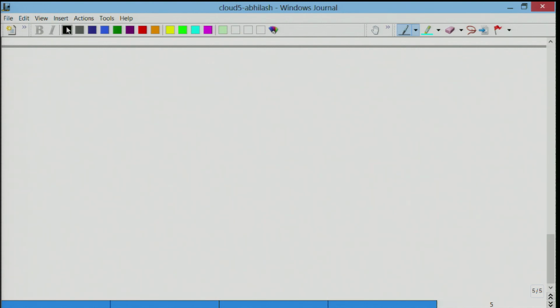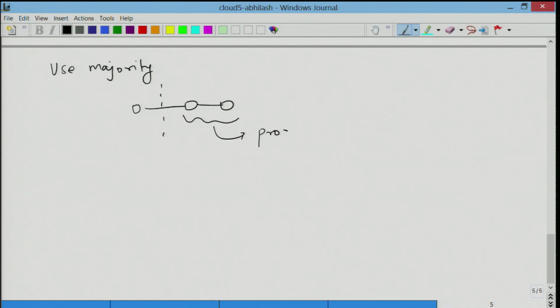So the big idea that came out is, let's use quorums, right? Use majority. Instead of 2 replicas, I will keep 3 replicas, right? And let us say I have a partition. Anytime I can form a majority, I can progress, right? And the guarantee is that you will never have 2 majorities. If this side progresses, the other side cannot progress because it cannot form a majority, right?